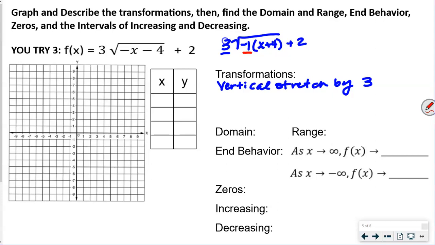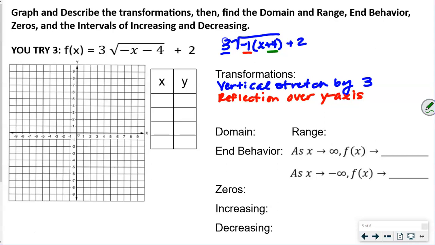Now let's talk about this -1. What does that mean is happening? That means there's a reflection over the y-axis, right? Now, what about this plus 4 here? Mind you, that's really a -4 because the equation is x minus h.